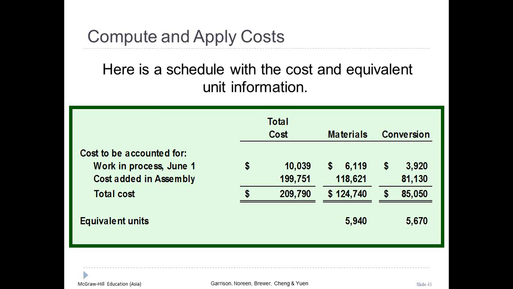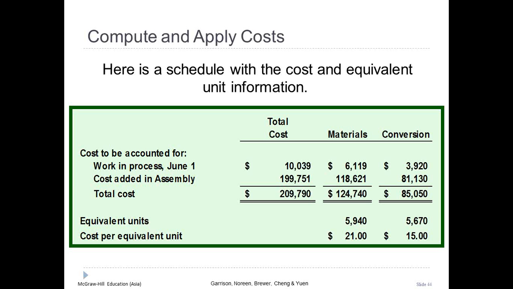So let's look at the calculation of the cost per equivalent unit. We begin by calculating the cost per equivalent unit as to materials and as to conversion costs. We have a total cost of $124,740 and 5,940 units.